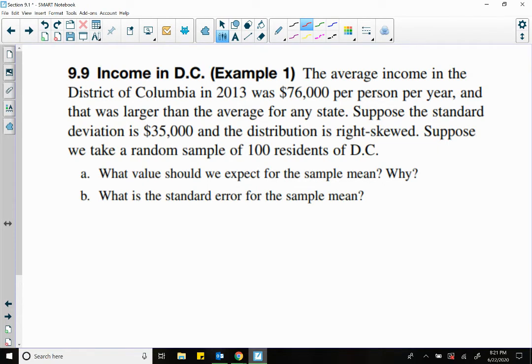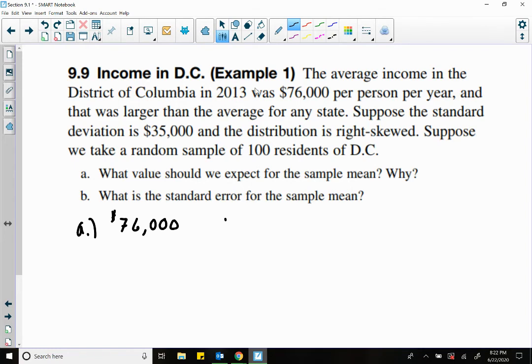So for part A, let me write this up. Hopefully you said that the expected sample mean is $76,000. The reason why we can do that is because the sample mean is an unbiased estimator of the population mean.